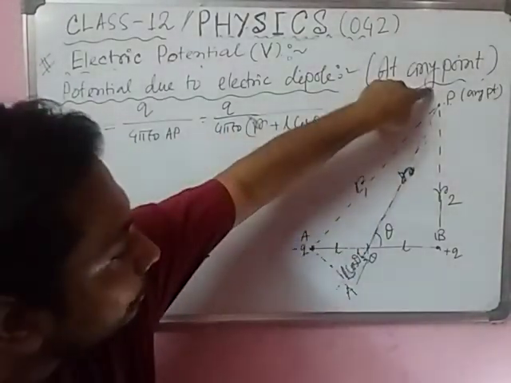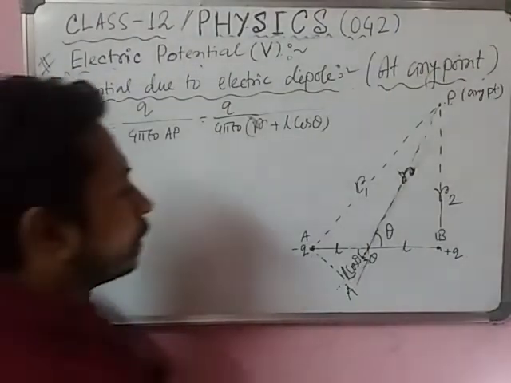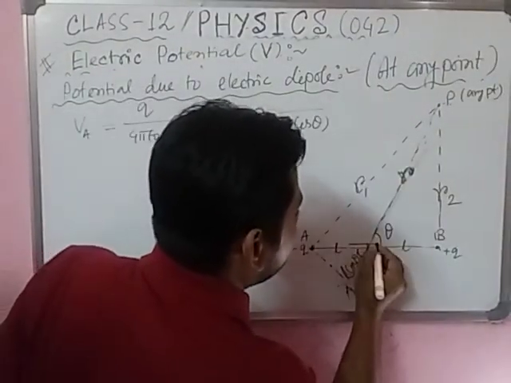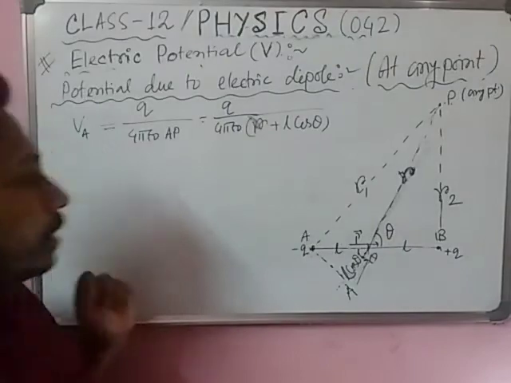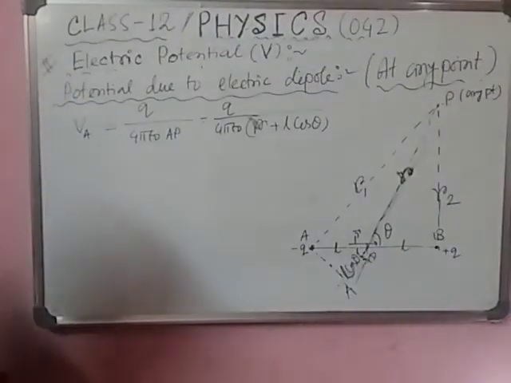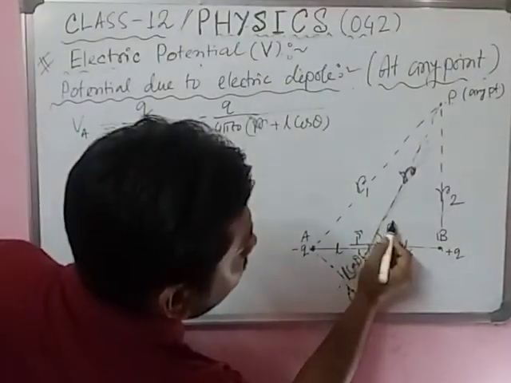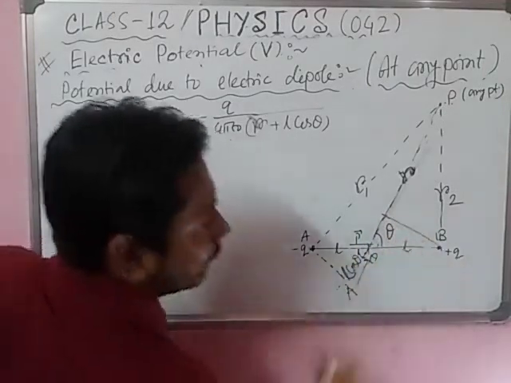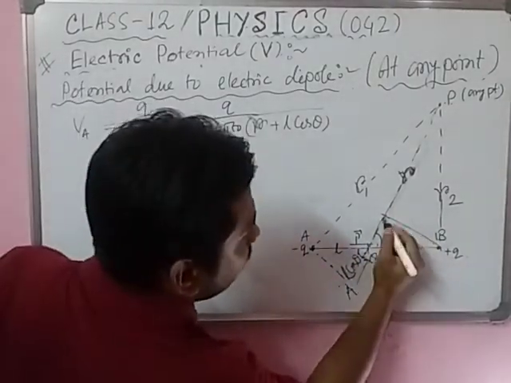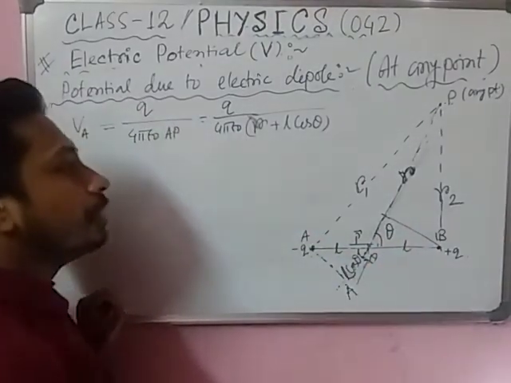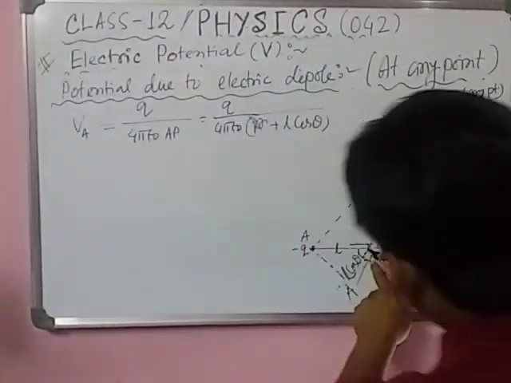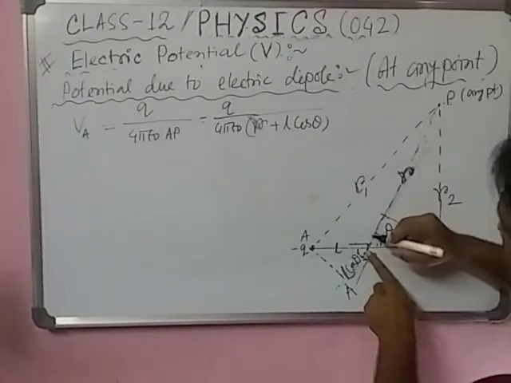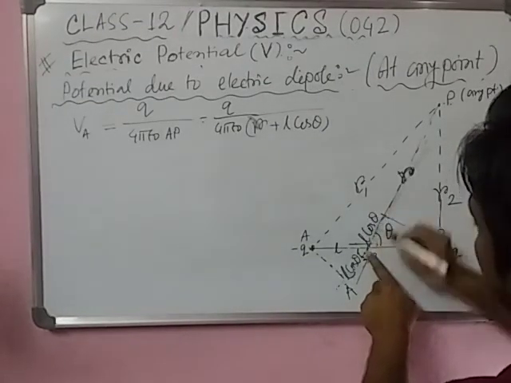This portion to that portion is R, and this is dipole moment P. You know that. Now think for B. We can again draw a perpendicular from point B, and this portion also gives you L cos theta, because this is theta.